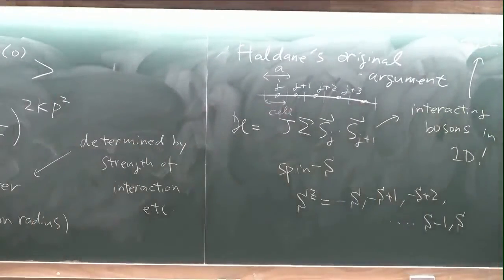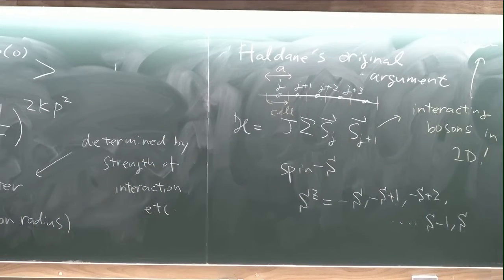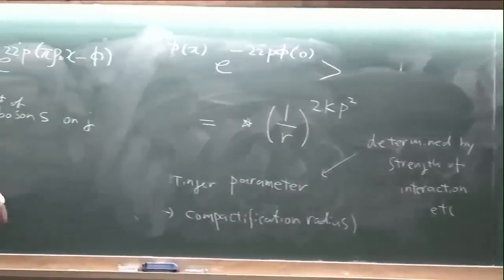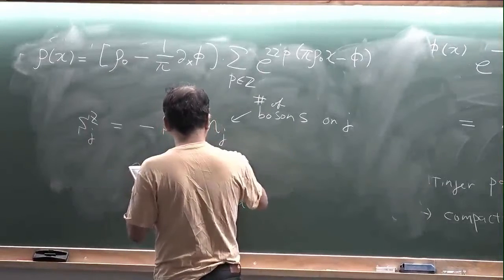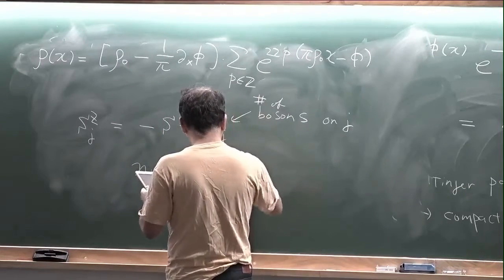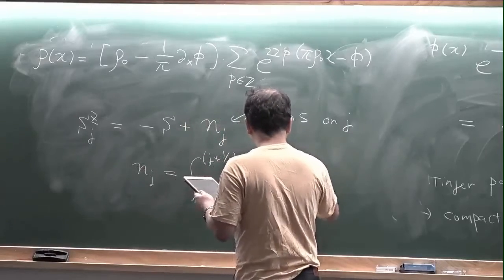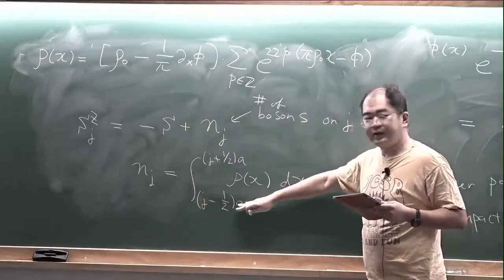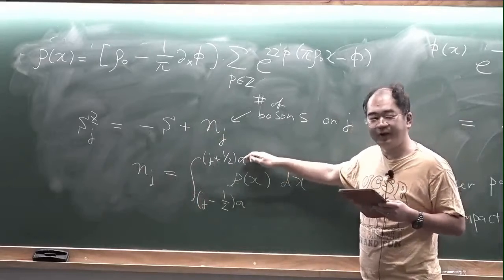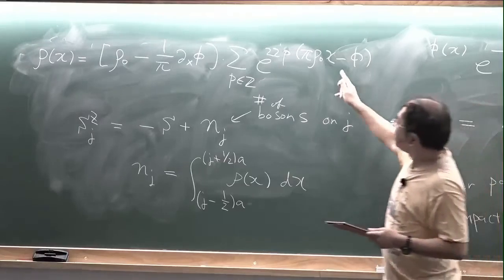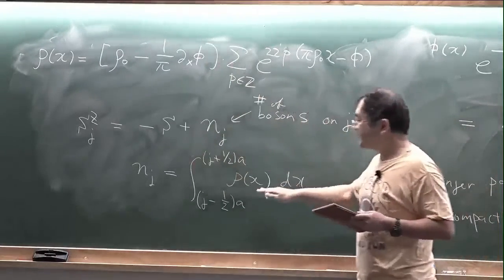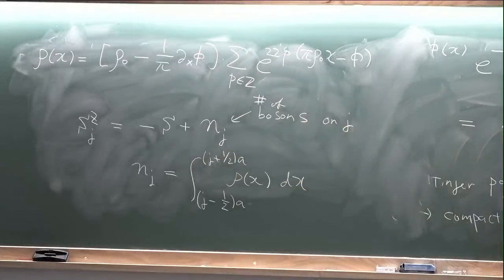Then N_j is given by the integral from (j minus 1/2) a to (j plus 1/2) a of rho(x). Then you integrate from the left end of the cell to the right end of the cell. And it's a bit complicated, but you have this expression. So you plug in and do the integration. That's what he did.